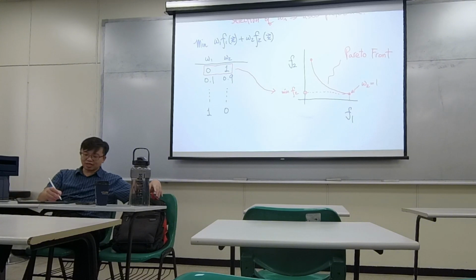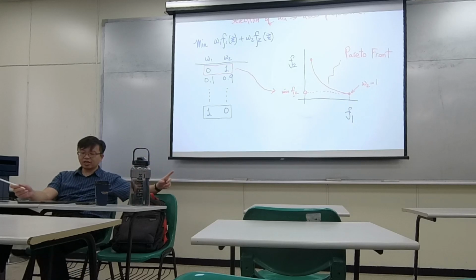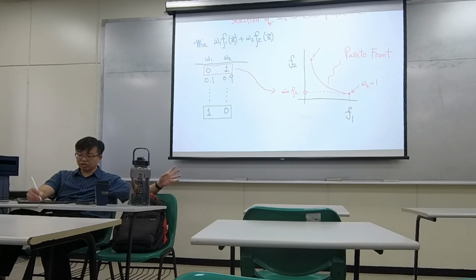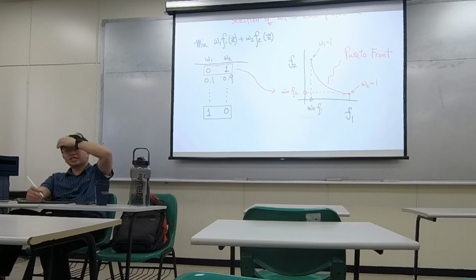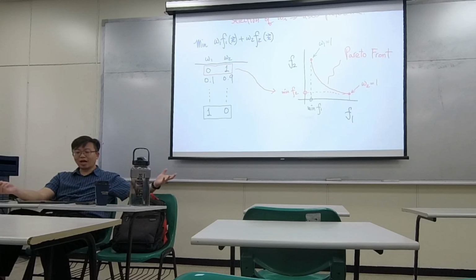On the opposite condition, on the other end, if you say W1 is the most important one, you should be getting the smallest value of F1. So it could be somewhere right here. So this is W1 equals 1. So you are getting the smallest F1. But in this case, you may not be able to change F2, and your F2 value could be bad.